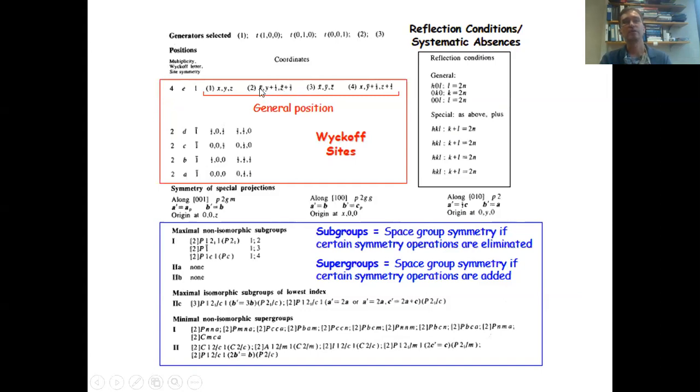Okay, so as we rotate around y, the x coordinate becomes minus x, and the y coordinate shifts by a half of the unit cell, and the z coordinate also shifts by half of a unit cell. So this last one here is produced by the glide plane. It has the denotation x, y bar plus a half, z plus a half.